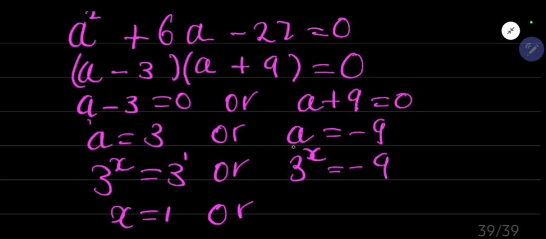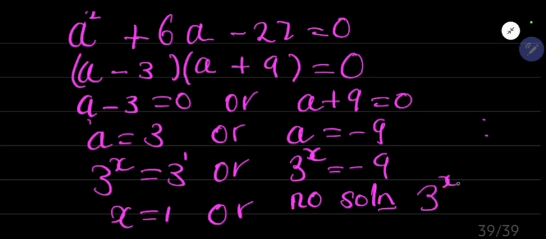Always, when you have any positive value to the exponent of anything, it has to be positive. You can try it. It will always be positive. It can never be negative. So for this one, you simply say no solution. Your answer will be no solution.